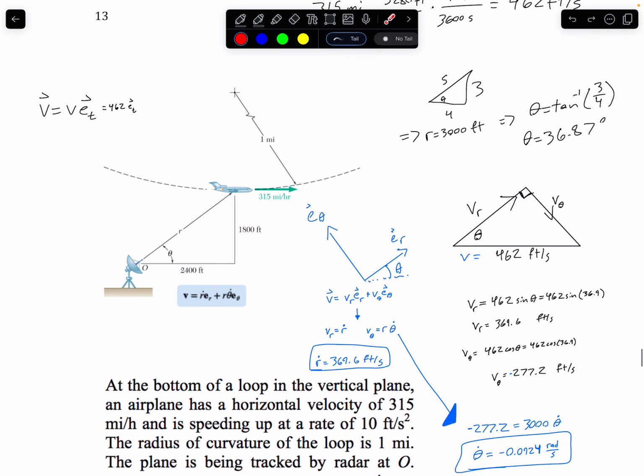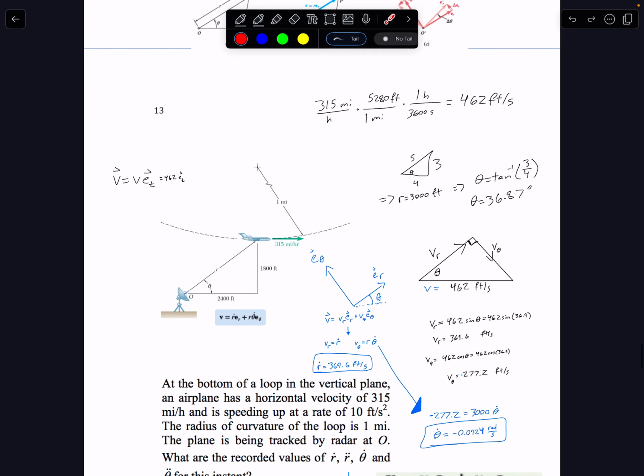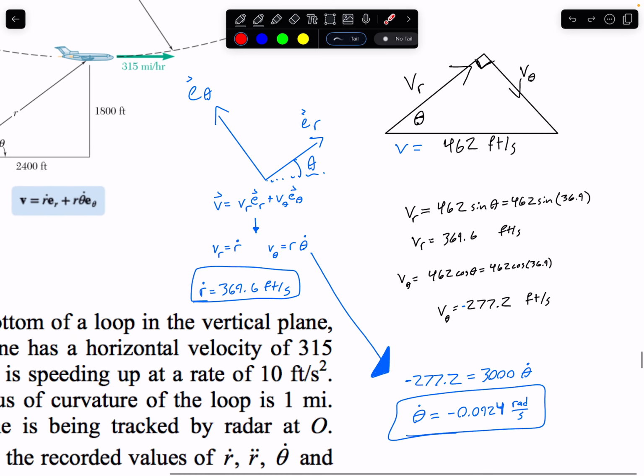And so we also can calculate this angle omega by using, we have a 3, 4, 5 triangle, so that's equal to 3,000 as I put it here. You get that angle also. And then we can find the velocity of r using just trigonometry.